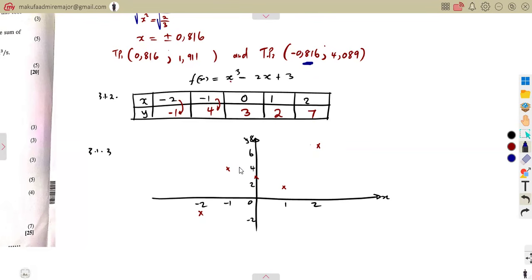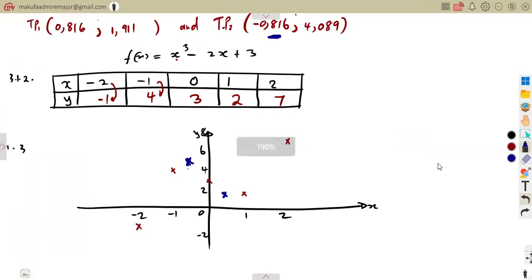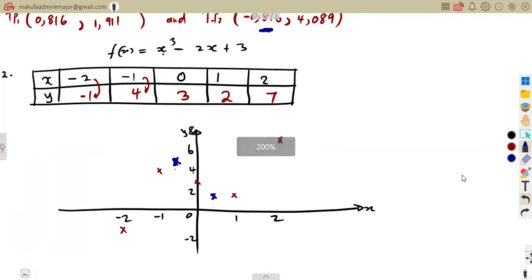So maybe with 4, somewhere there. So it's going to reach a turning point, and 0.816 versus 1.911, just below the 2 and somewhere there. So it's a turning point there. So as you are to draw, you must consider that they are turning points. So this point here is supposed to be a little bit up. This one for 1 is supposed to be a little bit up.